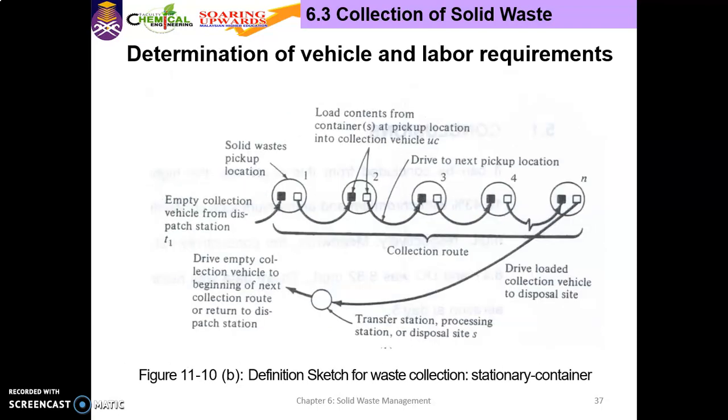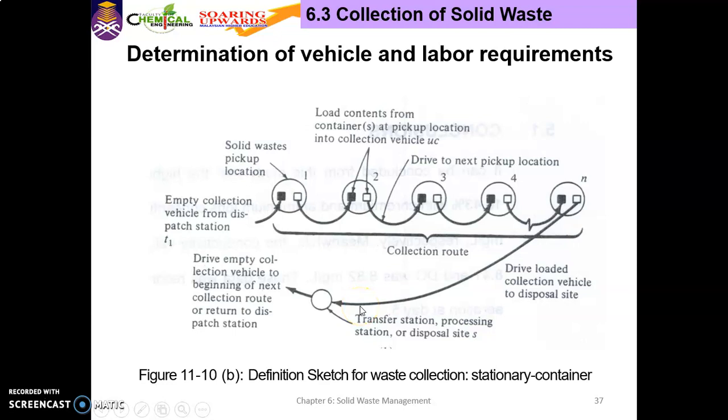While another type is SCS, stationary container. Stationary means the pickup truck will assemble all the solid waste from one point, and then the truck will empty the container and leave the container at the station, and then go to another place, empty it again, go to another place, empty it again, and then lastly go to the transfer station.